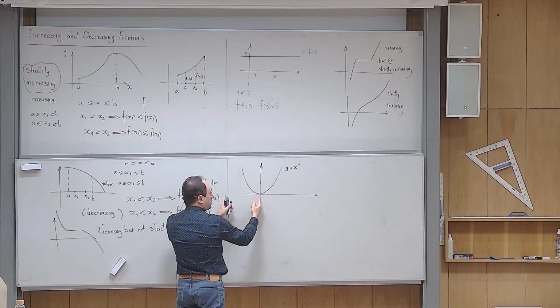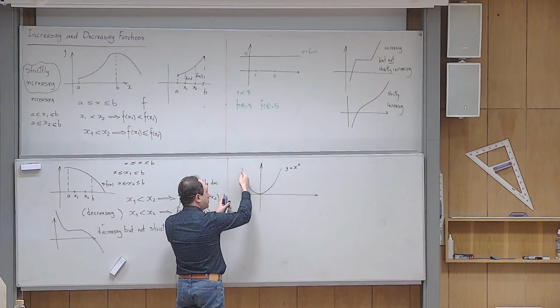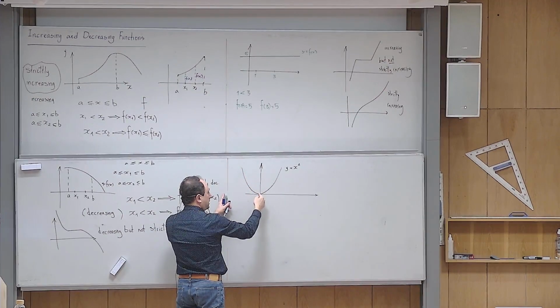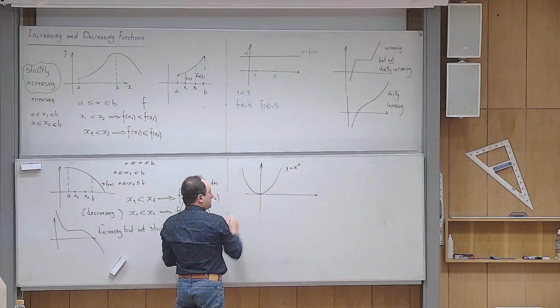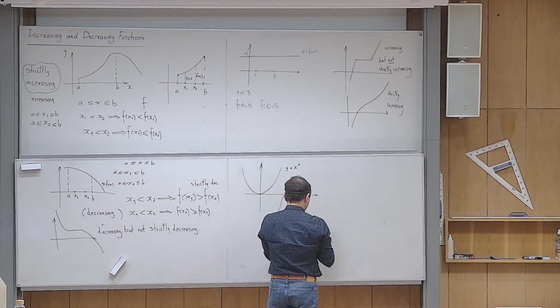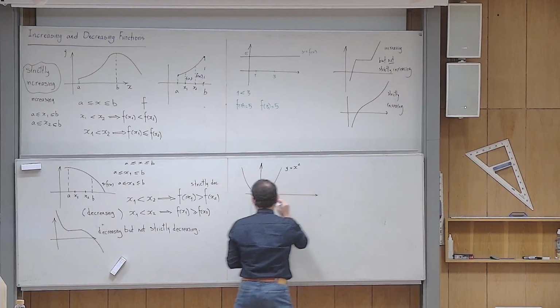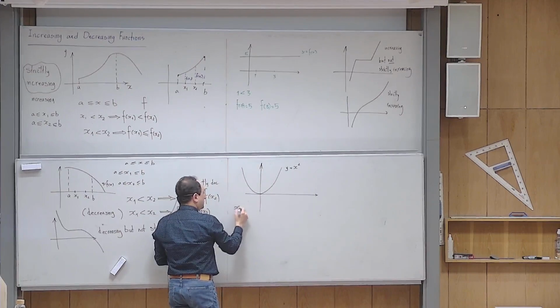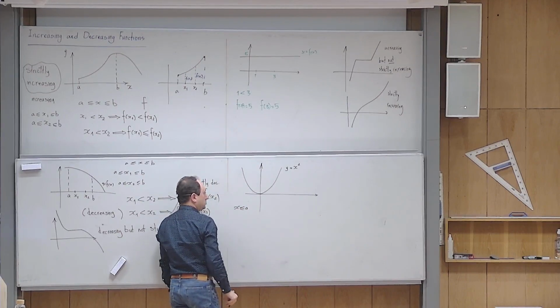So if I confine myself to the left-hand side, then my graph is going down constantly. But at this point, it starts going up. So we say that this function is decreasing on the interval x greater than or equal to 0.